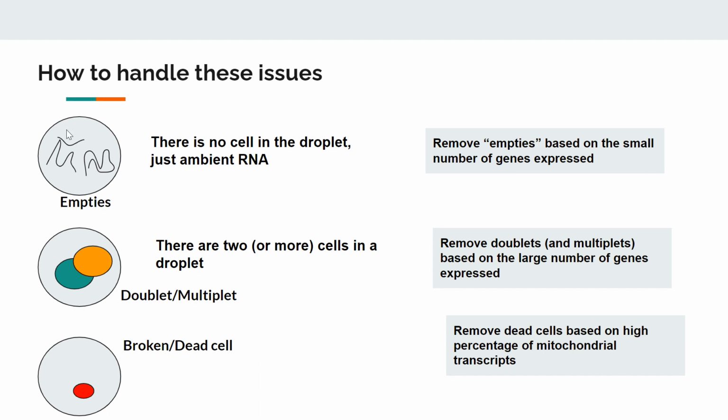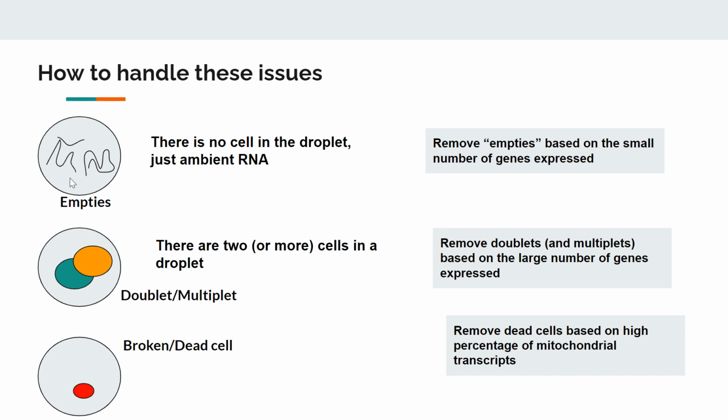In the first case, you did not capture a cell, instead you captured ambient RNA. When you sequence it, these mRNAs will be sequenced, but when you do the counting for this barcode, only a few genes will be mapped.